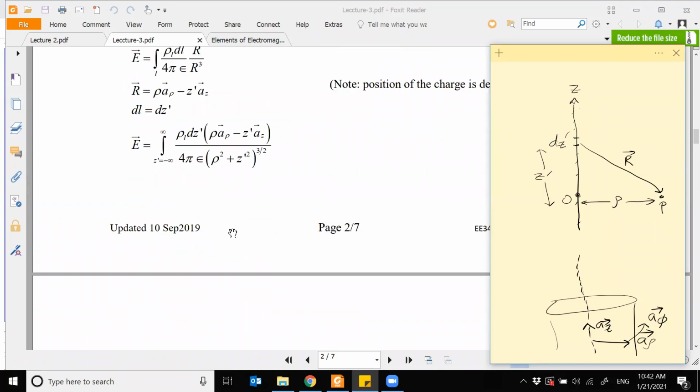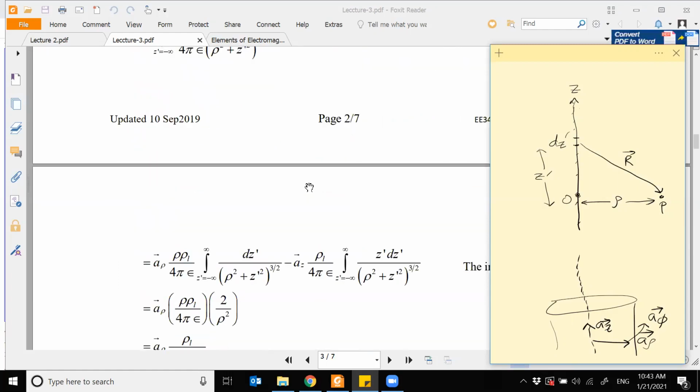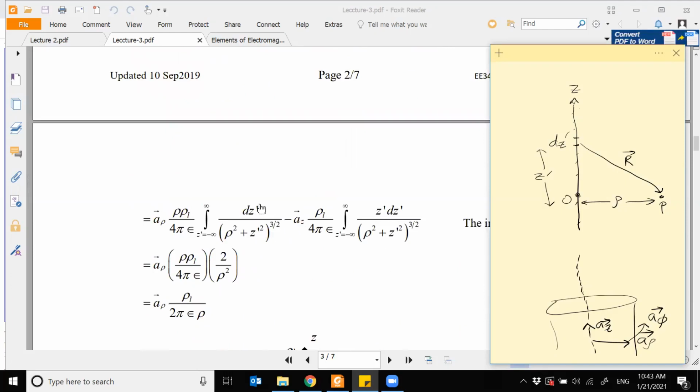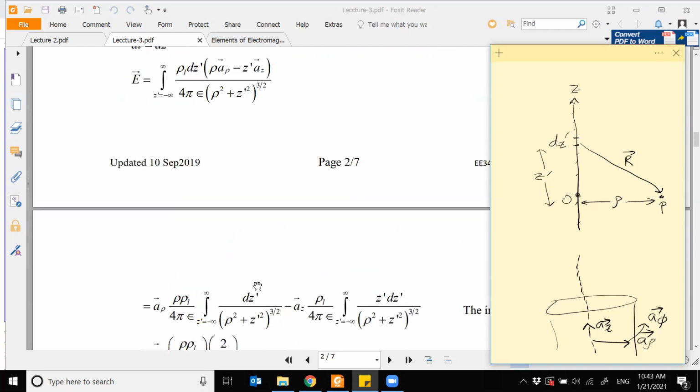Now let's go to the mathematics, and then you can find the integration. We can separate these two terms, the term of a rho and the term of the unit vector a z. If we separate these two and do the integration, we will get this for a rho and this for a z. For this term, we are doing the integration with dz, that's why rho becomes a constant.